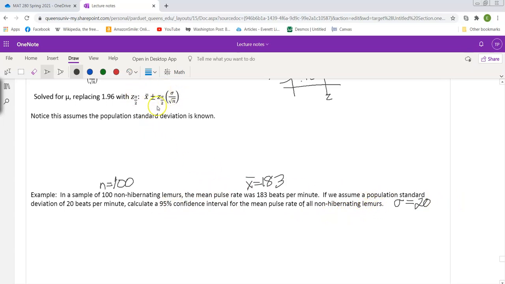So our formula right up here, all we have to do is plug into it. So x bar is 183 plus or minus, we know for a 95% confidence interval, it's 1.96 times sigma over the square root of the sample size, so 100.